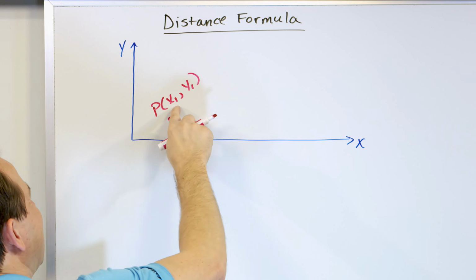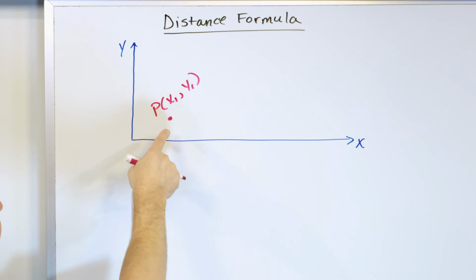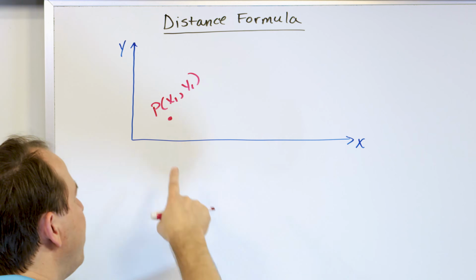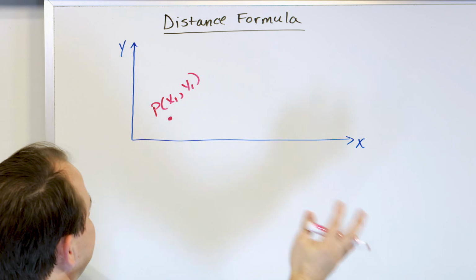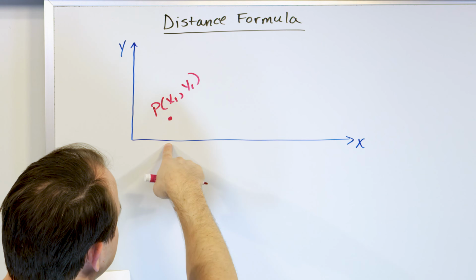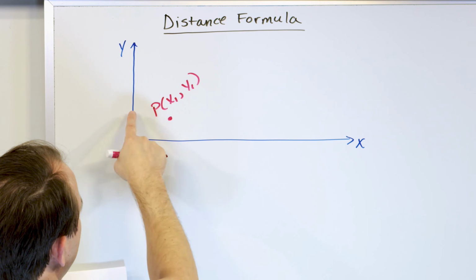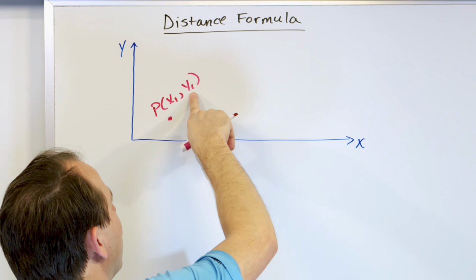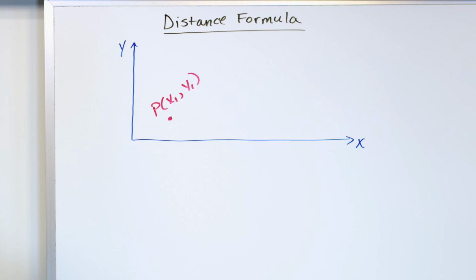Now, why am I labeling it x1 and y1? Well, because this point can be anywhere. I'm just putting it right there to illustrate it, but really the point can be anywhere because I can measure the distance between any points I want. I'm just drawing it here. I mean, the coordinate here is probably 3, 2 or 3, 1, but that doesn't matter. It's really at some x coordinate, x1, and y coordinate, y1. That's what that means.